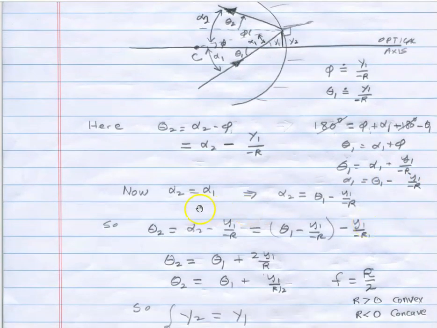And now I know the angle of incidence, alpha 1, of the incident ray, and alpha 2, the angle of reflection, are equal. And so I can simply replace the alpha 1 up here with alpha 2, and that gives me this relationship.